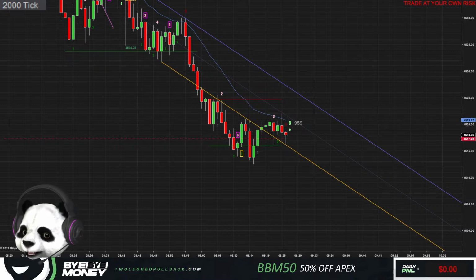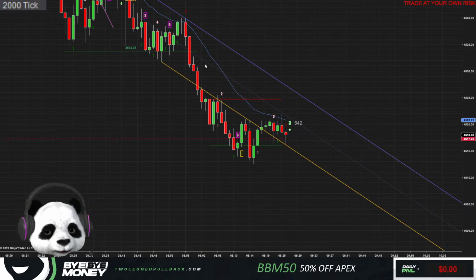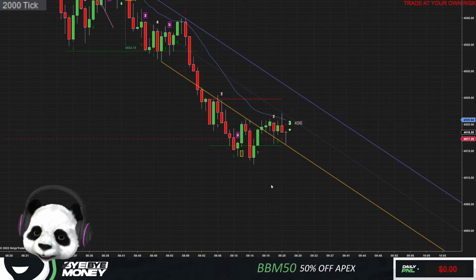Second, pandas, as I set some stuff up. The volatility kind of slowed down a little bit.